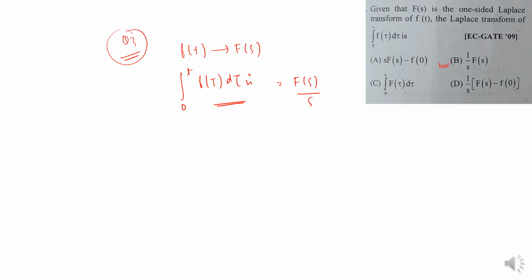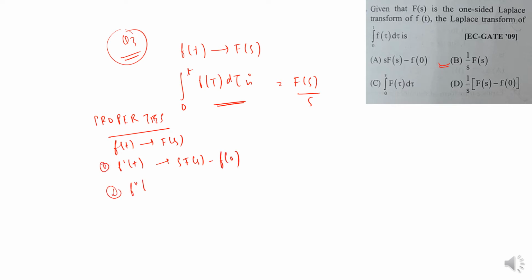I think we'll just go through some properties as a revision. For f of t going to F of s, the Laplace transform of f dash of t is s into F of s minus f of 0. This is first. For f double dash of t, it is s square into F of s minus s into f of 0 minus f dash of 0. Third, t into f of t is minus dou by dou s of F of s.